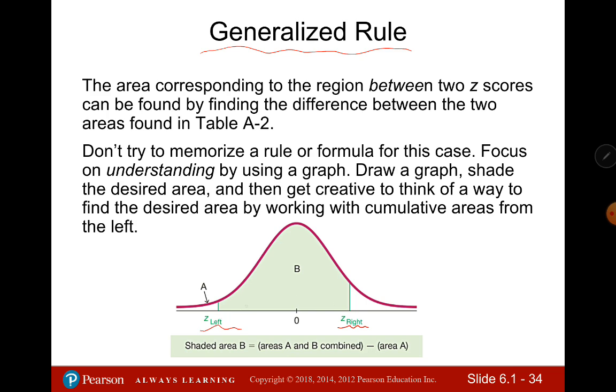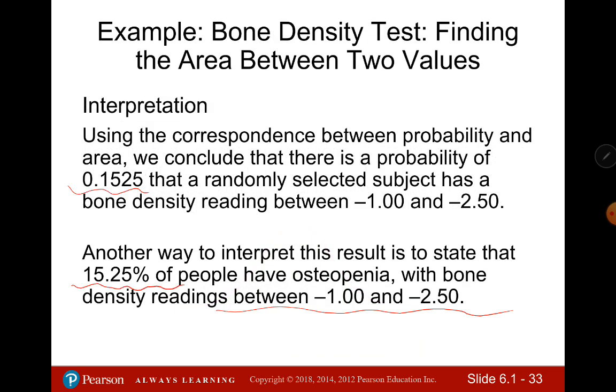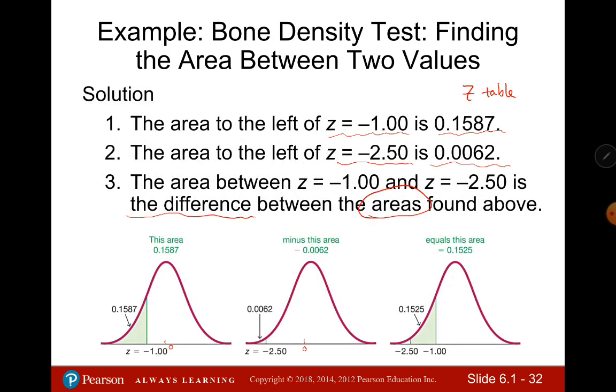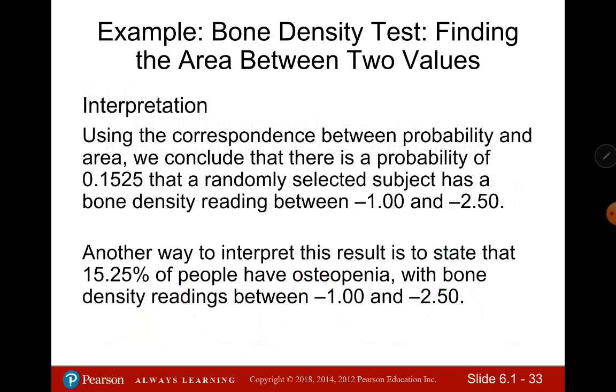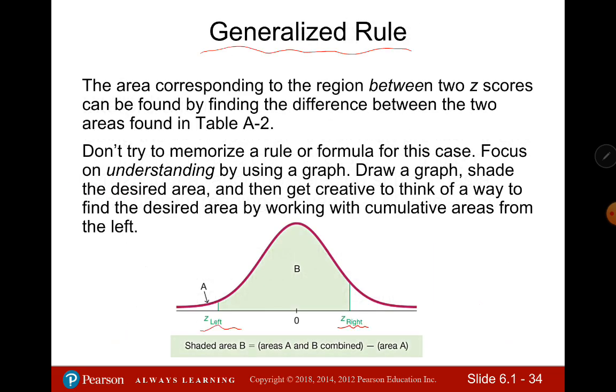If we have two z-scores, we start with the one that is larger. So for the previous example, we have two negative z-scores, -1 and -2.5. So we start with -1 because this one is larger. So the larger value is always on the right side.